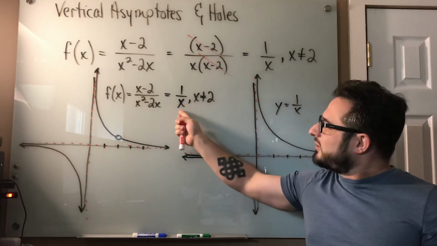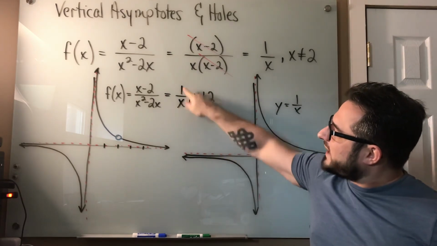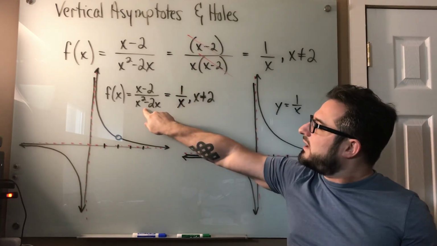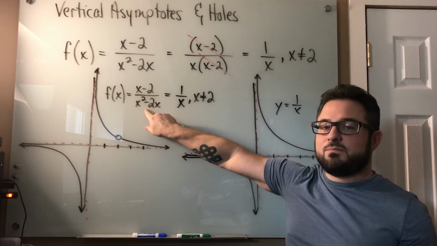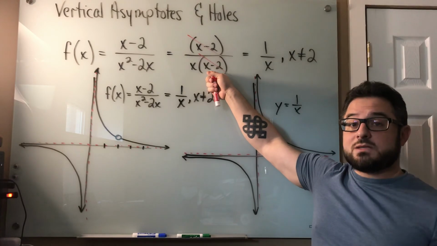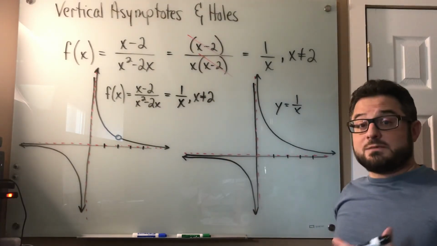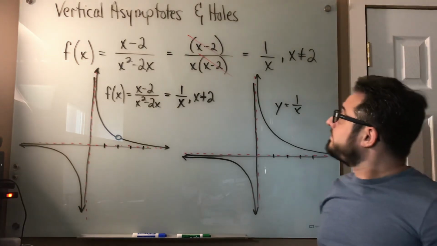But there is something wrong with it here, not because of what you see in the fraction 1 over x, but because of what you saw in the original function. This factor of x minus 2 caused x equals 2 to be a problem, to be something that had to be excluded from the domain.